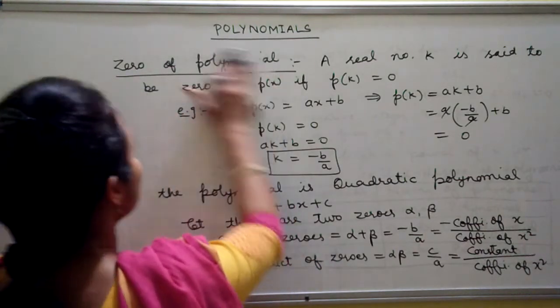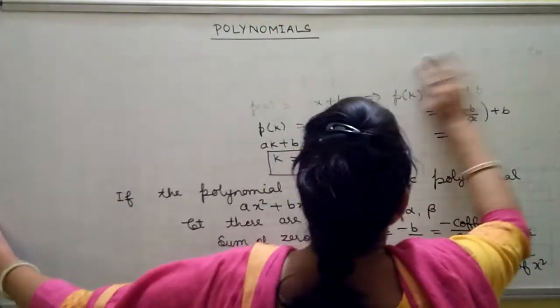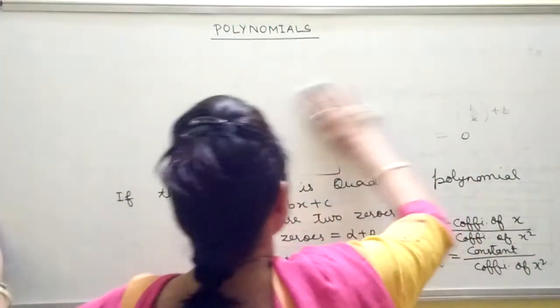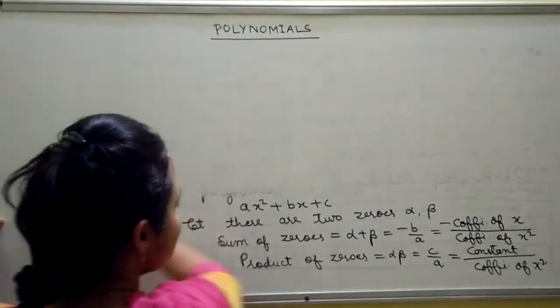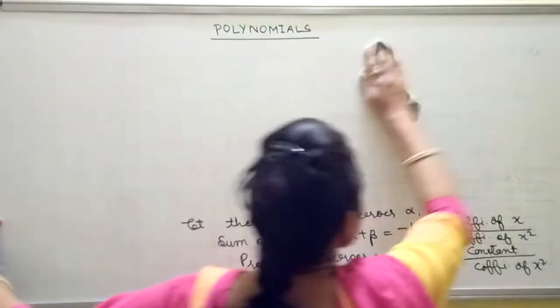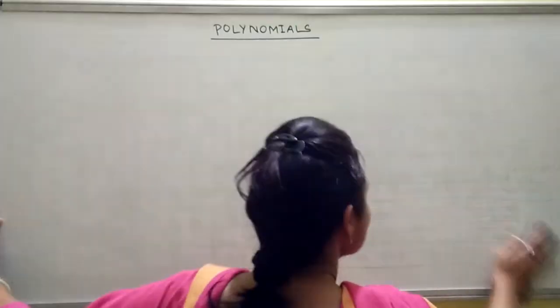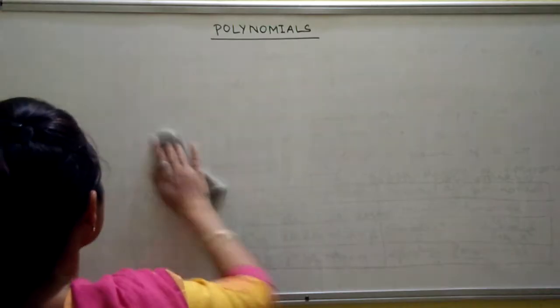What is that question? Your first question of exercise 4.2, the question demands to verify this. Factorize and verify.